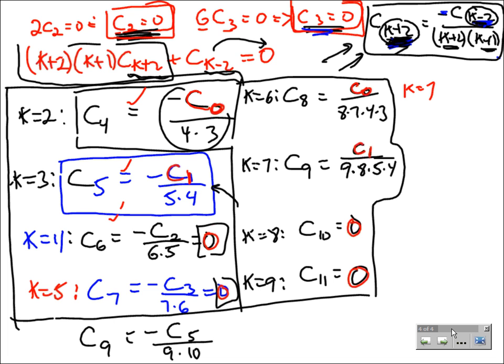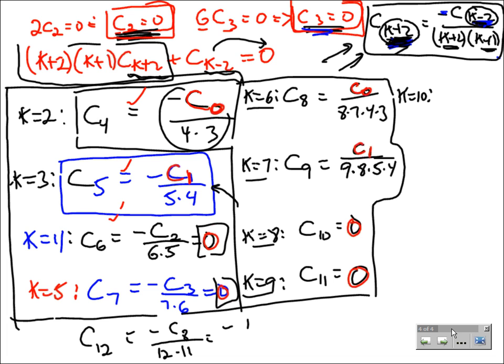And I don't know why I did that, because we did k equals 6, 7, 8, 9, and here I should be doing k equals 10. So if k is 10, I have c sub 10 plus 2 is negative c sub 10 minus 2 divided by 10 plus 2 times 10 plus 1.